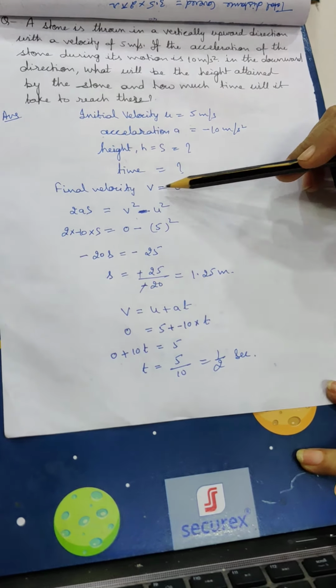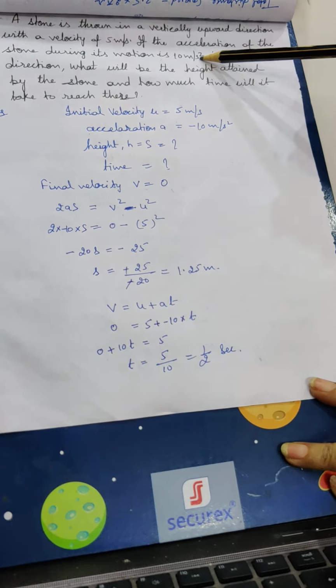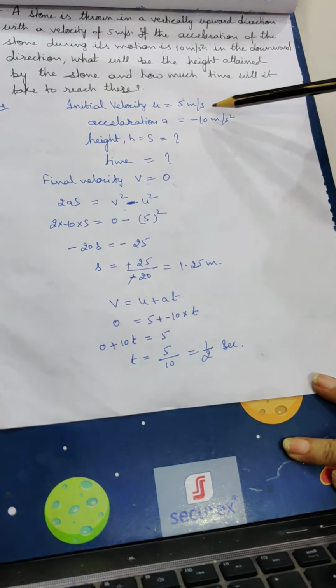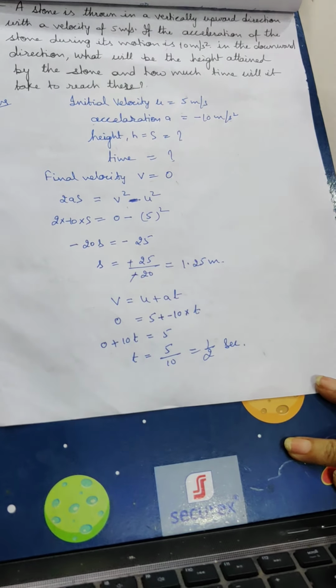So v = 0 and initial velocity u is 5 meter per second. The acceleration of the stone during its motion is 10 meter per second square. Here acceleration is minus 10 that we have taken. Why minus? Because the stone is thrown upward.